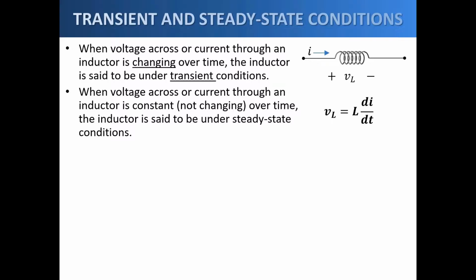At any given time, the state of an inductor can be classified as either a transient state or a steady state. A transient state means that the voltage and the current of the inductor are changing over time, while a steady state means that its voltage and current are either constant, which means not changing, or zero.